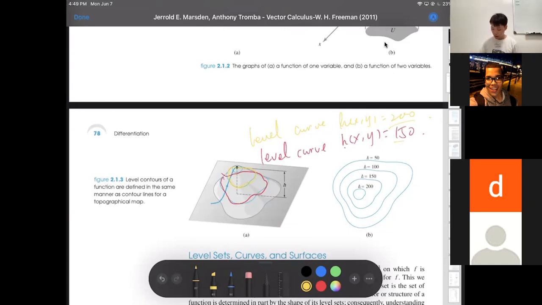So that's why the general picture for the graph of h is a closed surface in R3, because you represent it in 3 coordinates, right? x and y, and h of x and y.